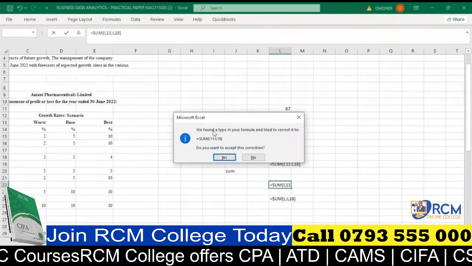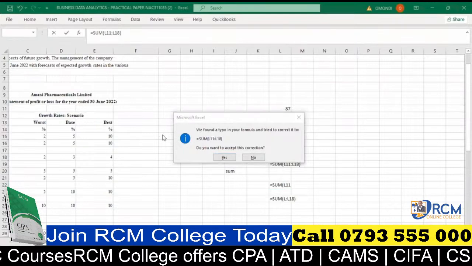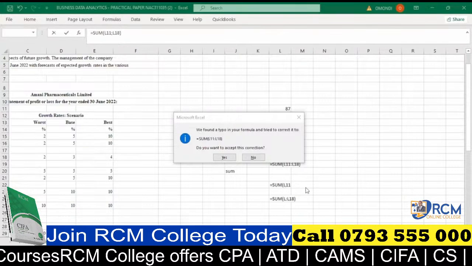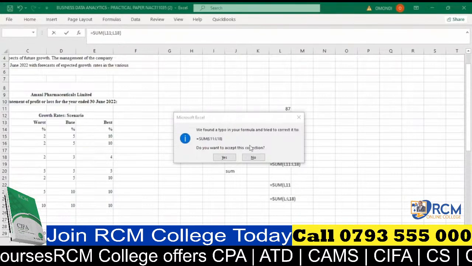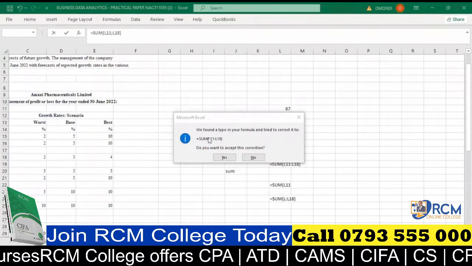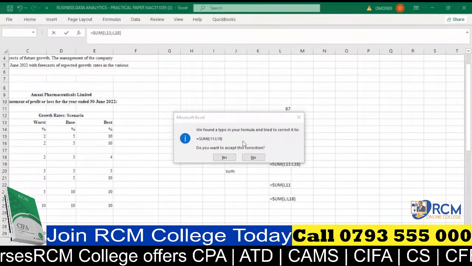What's the pass mark of this paper? 50%. So as you can see, the second choice here is wrong because Excel is also telling you it is wrong and it is ready to rectify that. It wants to take it to the correct one. Just see the suggested correct.